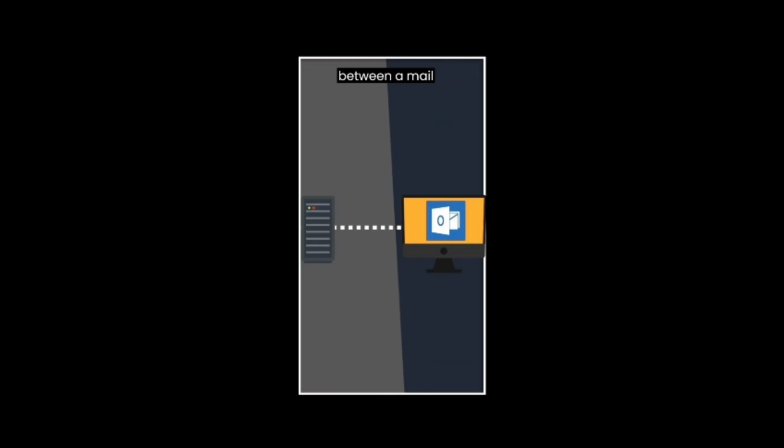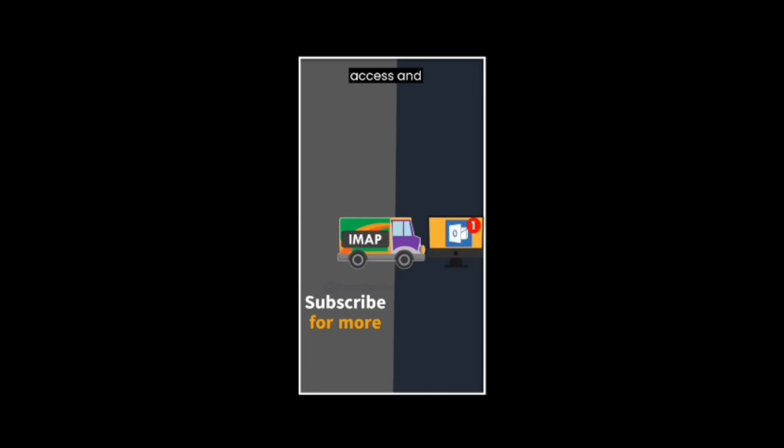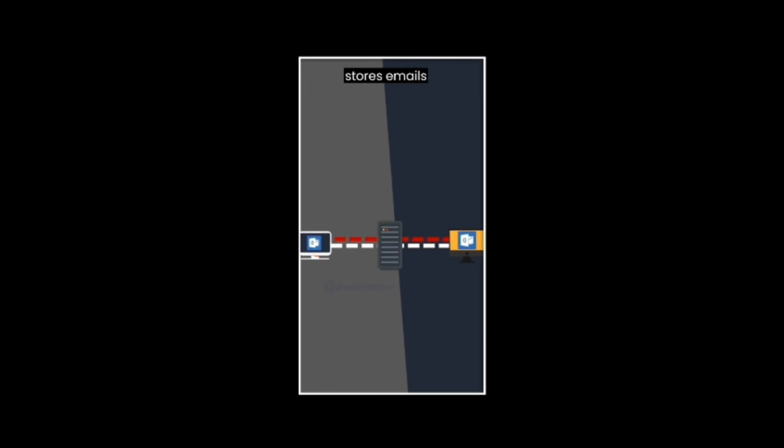When your email client connects using POP, it downloads all your messages from the server onto your device. Once downloaded, they are usually deleted from the server. That means if you check your email on one computer, you might not see the same message on another. POP is simple and great for single device use, but not ideal for use on multiple devices.